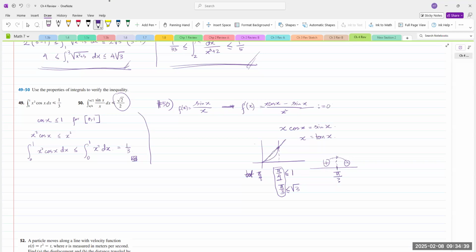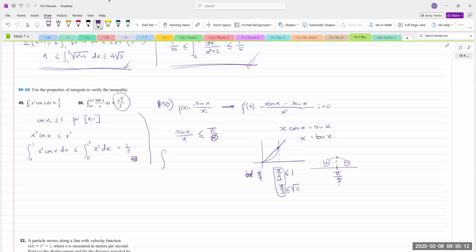Honestly, I cannot solve this problem yet. But let's say that number is pi over 3, then this value here will be less than or equal to something with pi over 3, pi over whatever number, I need to find it out.